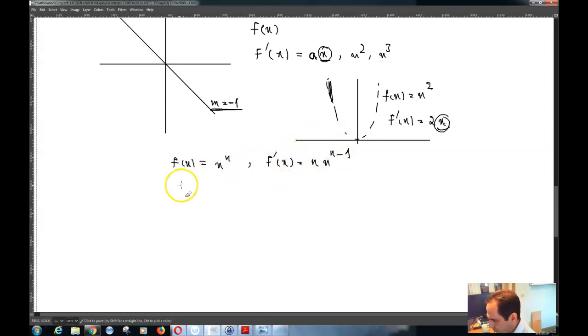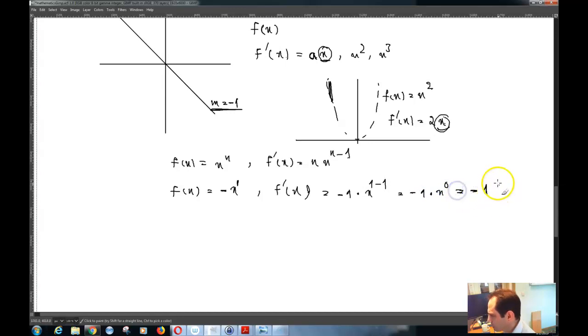So if your f of x is equal to, for example, negative x, then f prime of x is equal to negative 1 (you have a 1 over here, which is multiplied) times x raised to the power 1 minus 1, which is equal to negative 1 times x raised to the power 0, which is equal to negative 1. So that is how you find the derivative of this function using the formulas that we have.